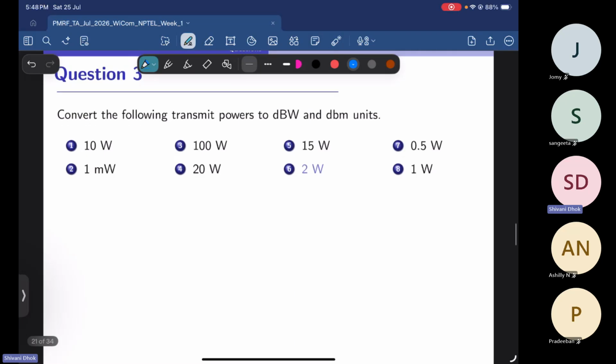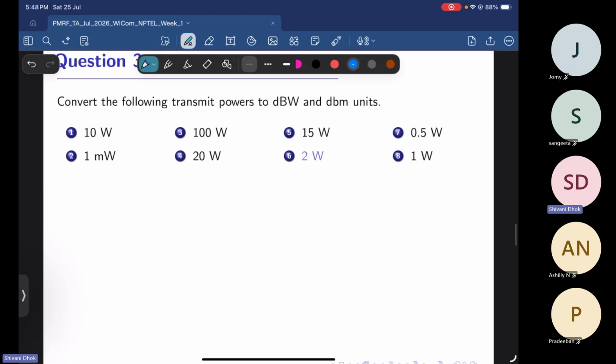Then this 2 watts is something interesting. So 2 watts is 10 log to the base 10, 2, and this is approximately equal to 3 dBW, and this is equal to 33 dBm.